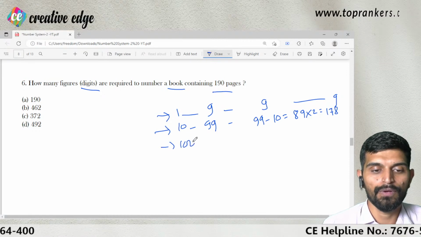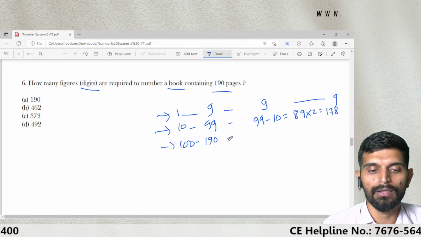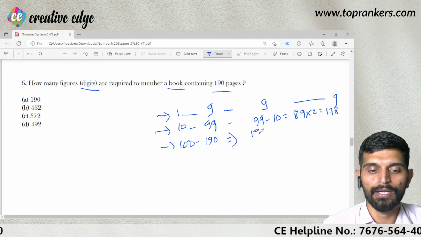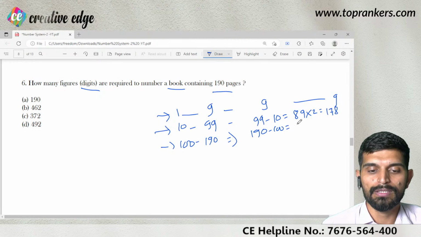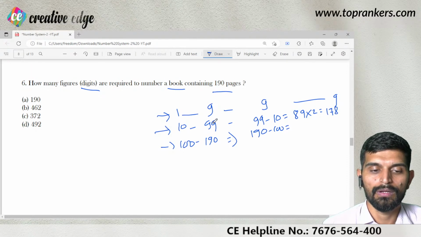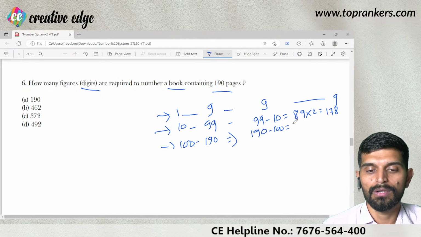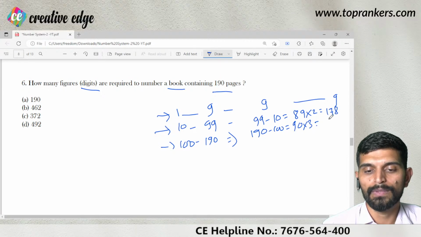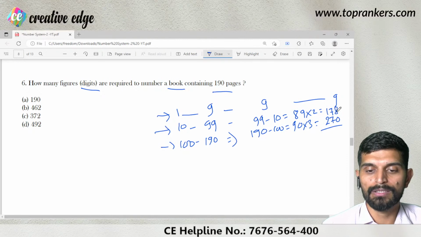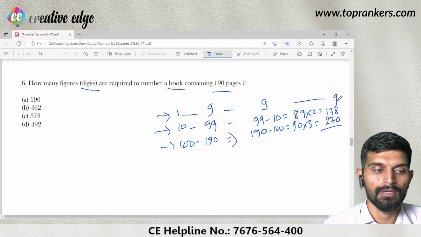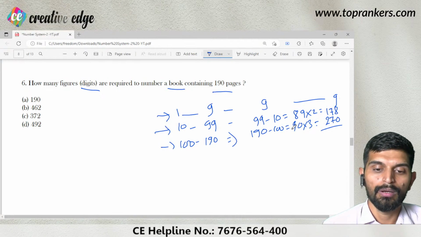And then from 100 till 190, the result will be 190 minus 100, that is 90 into 3, so that will be 270. So 270 plus 9 plus 8, right?